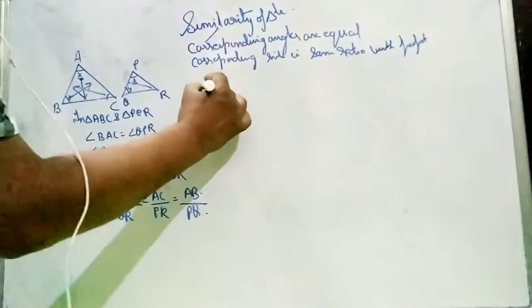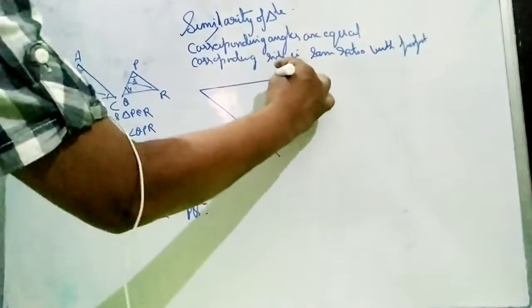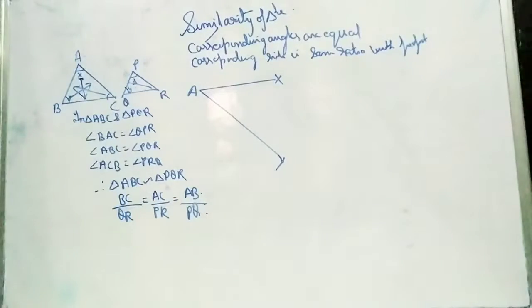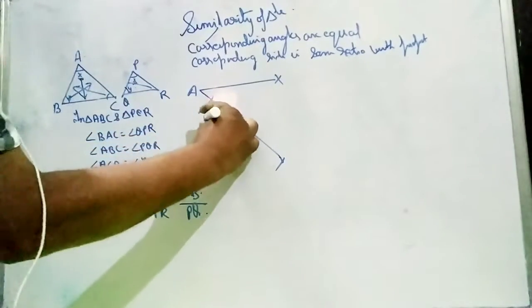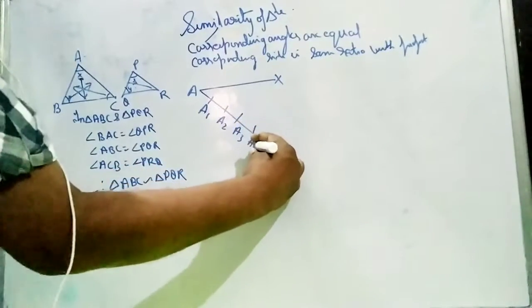Suppose we mark an angle XAY. We have to divide the line in a proportion of 3 upon 2. So, we will divide this into 5 equal parts, A1, A2, A3, A4, A5.